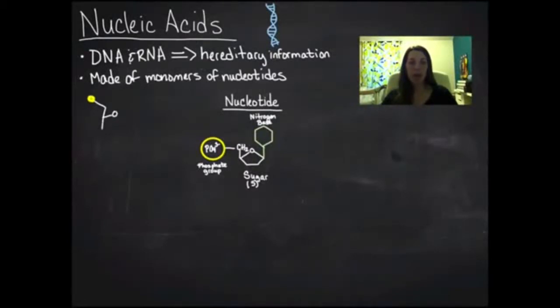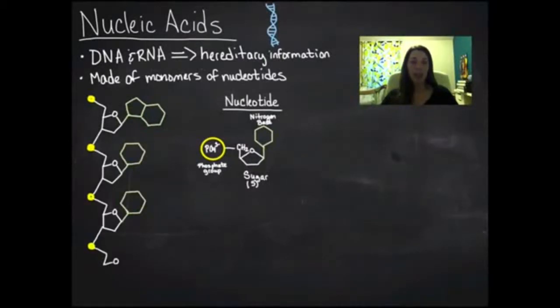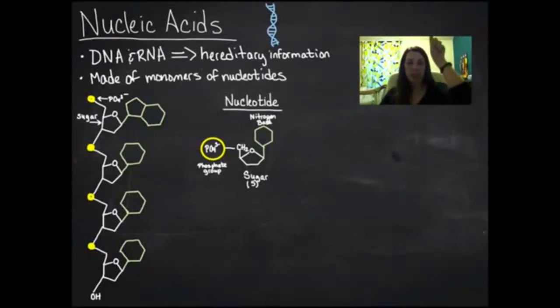So let's look at the basic structure of DNA. You're going to have a yellow phosphate group attached to a white sugar, right? So yellow, white, yellow, white, yellow, white. So basically what I have is this backbone going down the sides that's phosphate, sugar, phosphate, sugar, phosphate, sugar, phosphate, sugar. And then hanging off the sides, you end up getting the nitrogen bases.